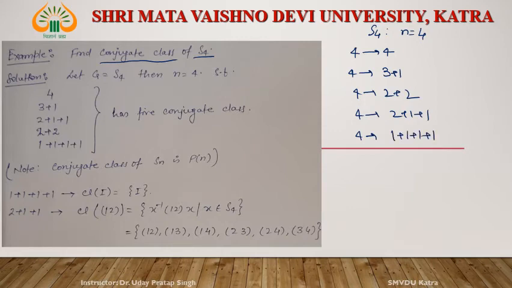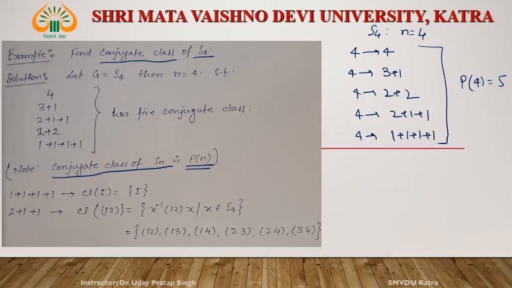Okay. These 5 ways we can partition 4. Then P4 is equal to 5. It means the number of conjugacy classes of S4 is 5. Right. The number of conjugacy classes of Sn is Pn. Right.